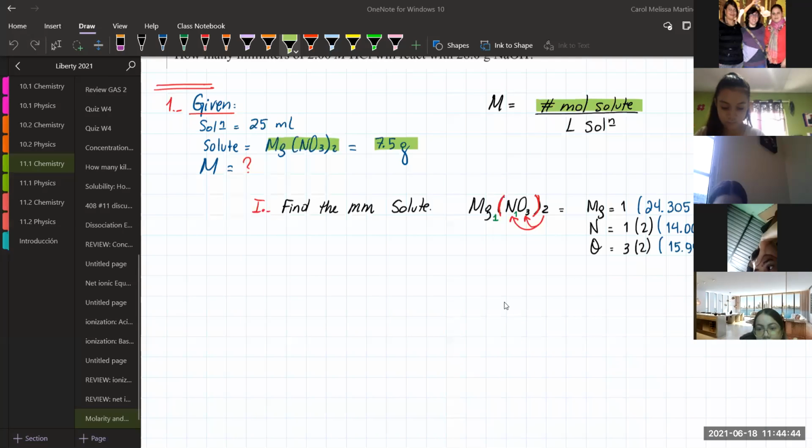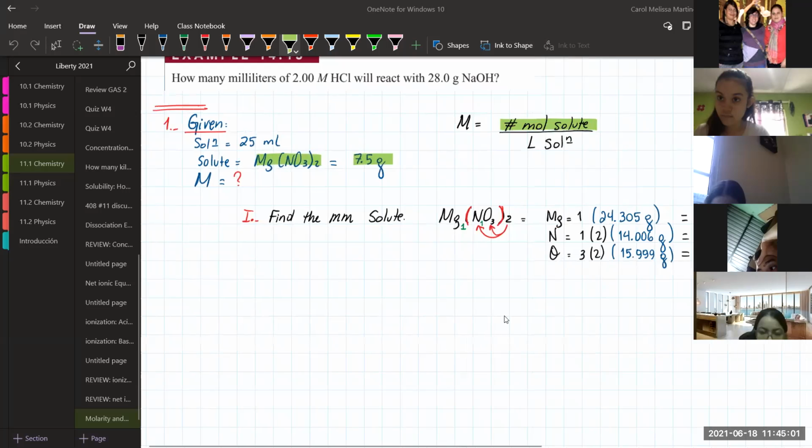In total, I have 24.305 grams, 28.012 grams. If something is wrong, please let me know, because I'm doing it mentally. And this is 95.995.